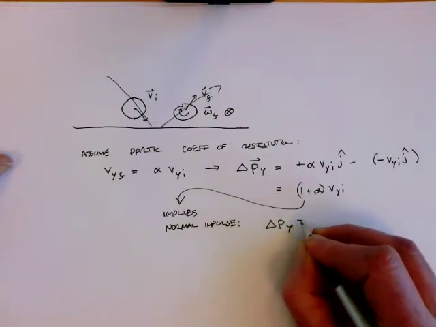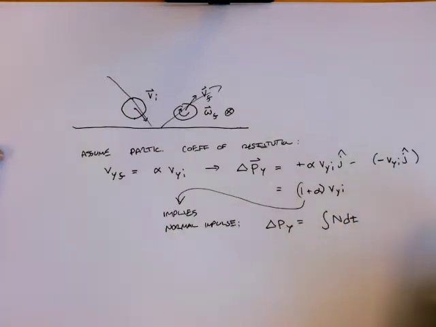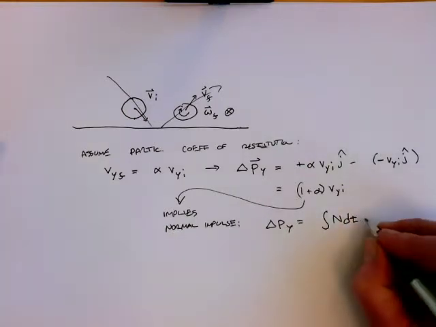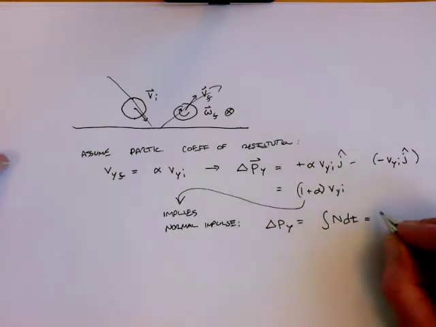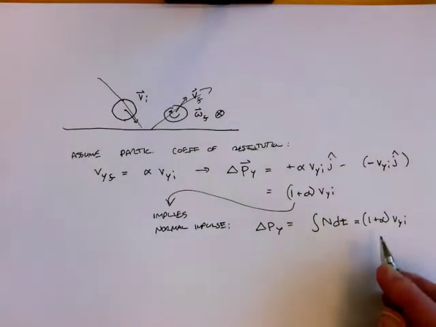So delta py will be the integral of the normal force over the time of the interaction, right? And that impulse tells us what that change is, right? So 1 plus alpha times vy initial, okay? So we know how much normal impulse there was.